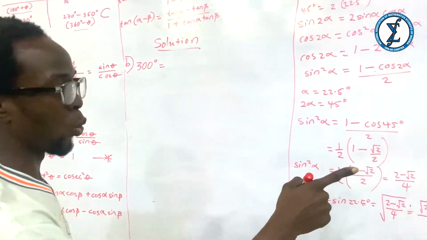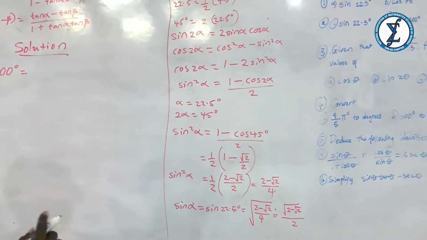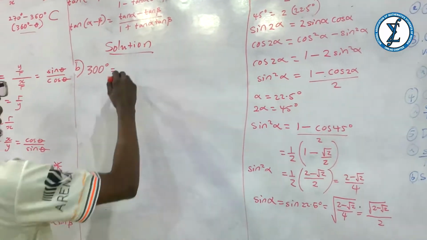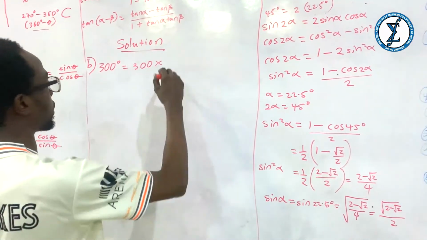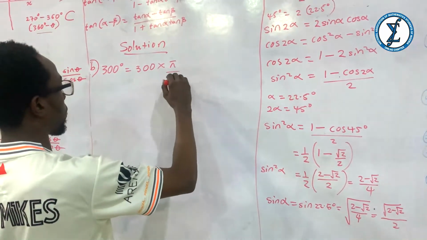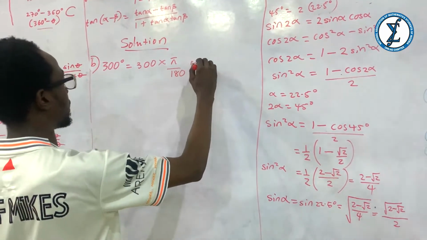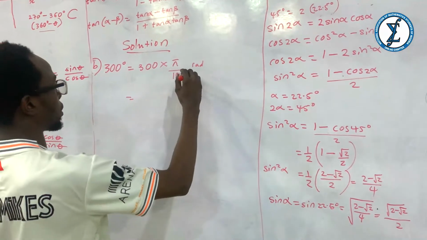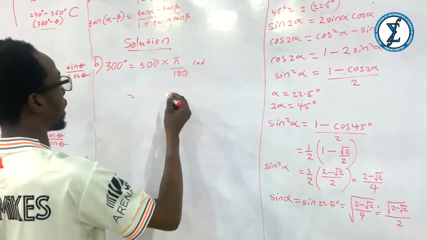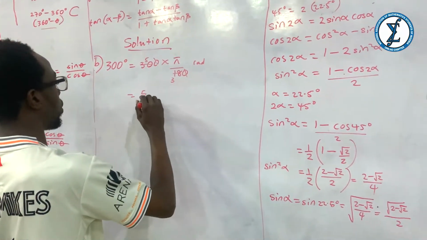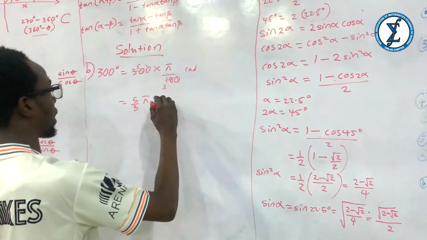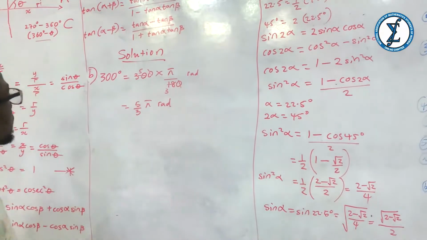And we know that 1 degree, as we've stated there, is equal to pi over 180 radians. And so 300 degrees will be 300 multiplied by pi over 180 radians. And that gives us, take care of this, and then we have 6 here, 3, 6 is 5, so we have 5 over 3 pi radians.